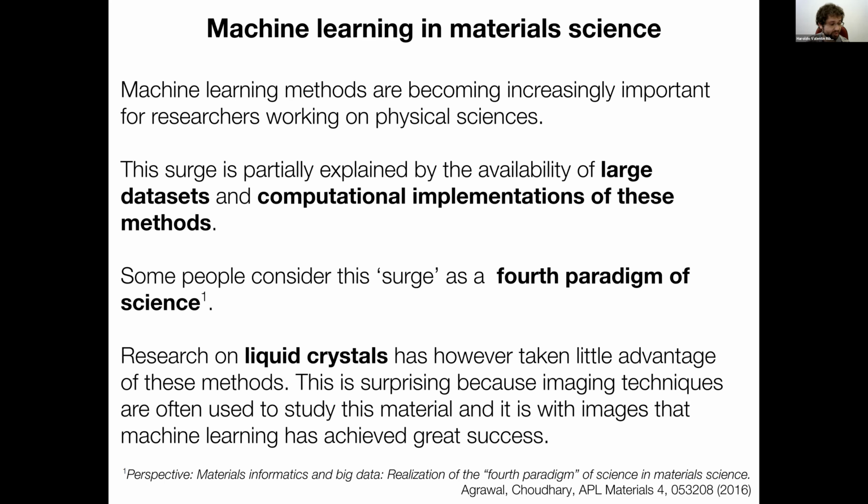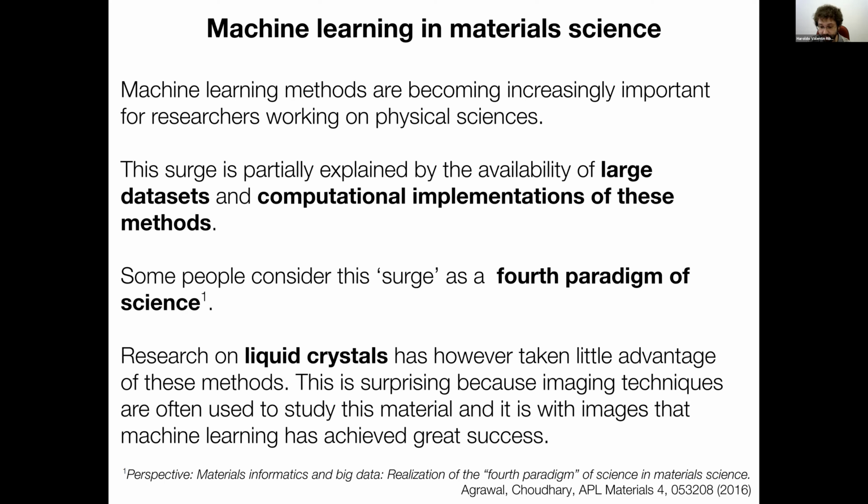Perhaps we can say that this surge of applications is explained by the availability of large data sets, and also because implementing machine learning is now quite simple. We have many computational implementations for using these approaches. And some people consider this surge of applications of machine learning as a fourth paradigm of science in material science.